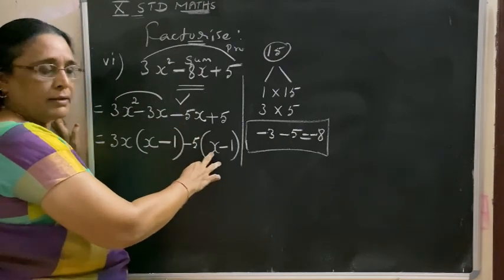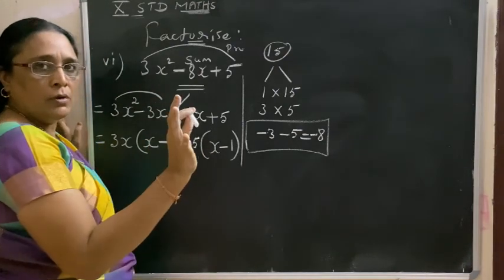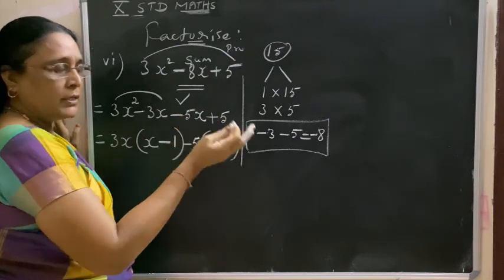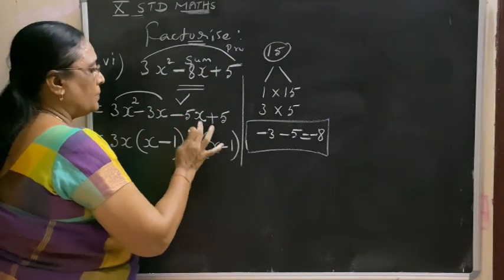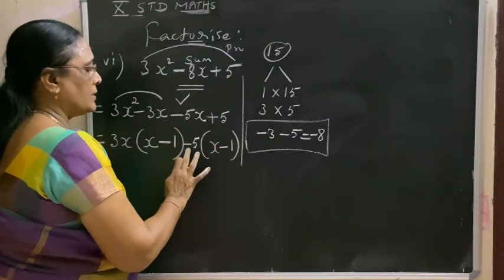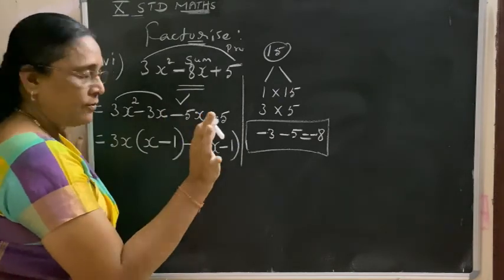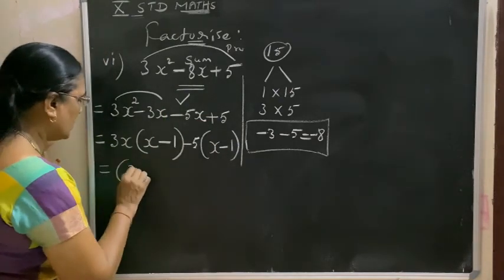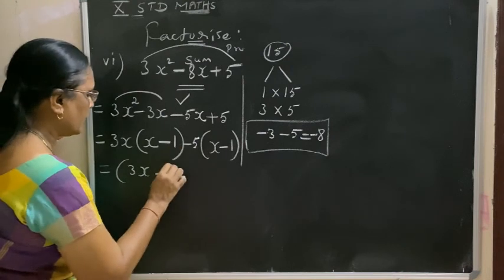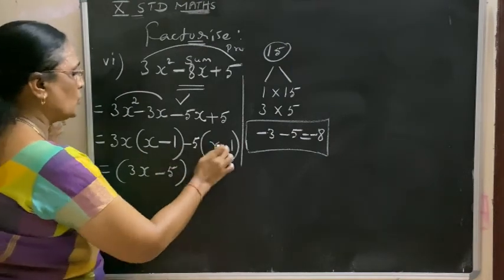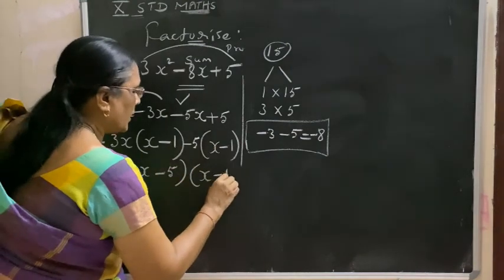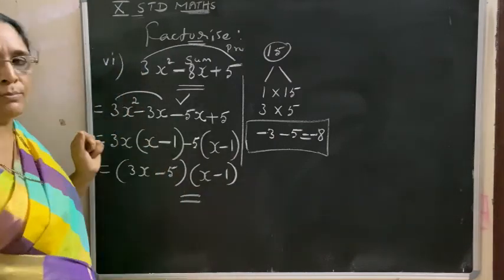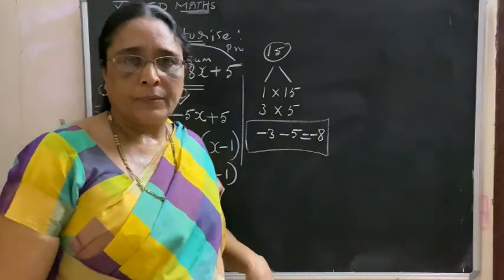Here x is given, here also x. No need to put any variable. So you check that third and fourth: minus into plus, minus 5 into x, minus 5x; minus into minus, plus 1 5 is 5. Now we can write the factors: x minus 5 as one factor, and out of these two I can write 1, x minus 1. Right?